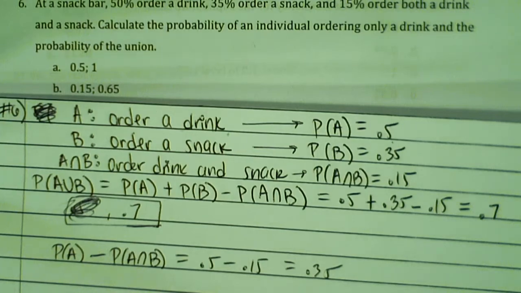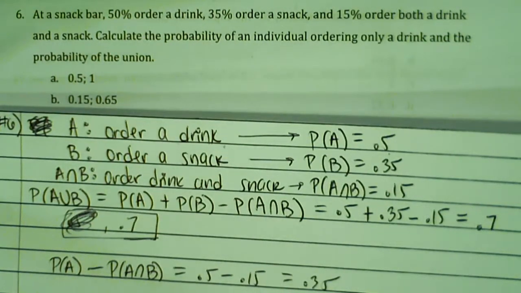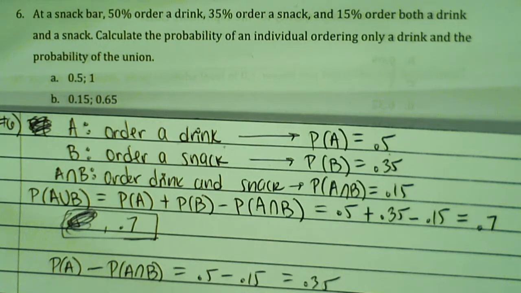Why would you do that? It says in the question, 50 order a drink, 35, et cetera, et cetera. I think they're trying to make it more than what the question's asking, in my opinion. Okay. What it's saying is that in 50 order drink, 35 order snack, 15 is in 50 and 35.